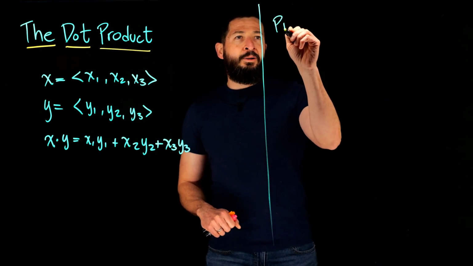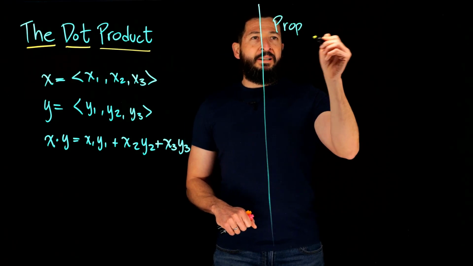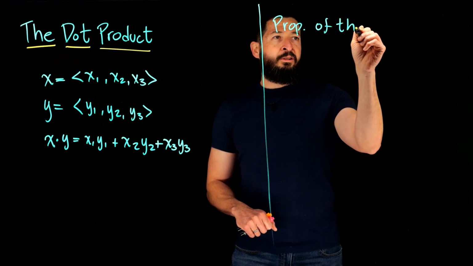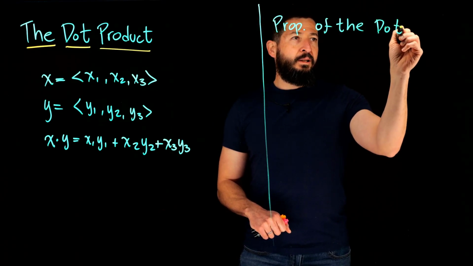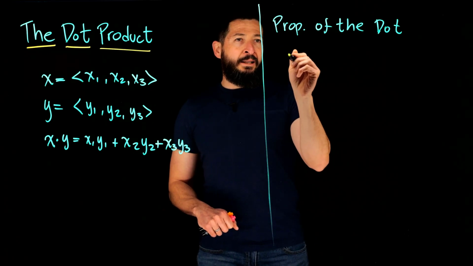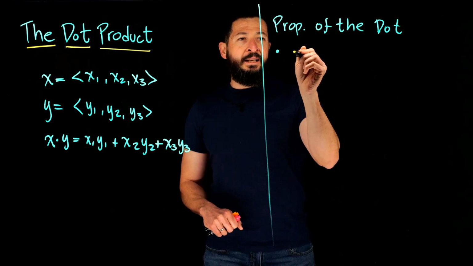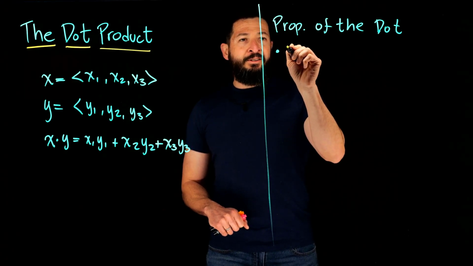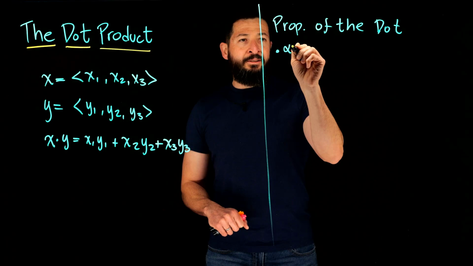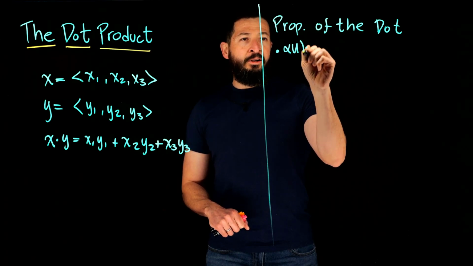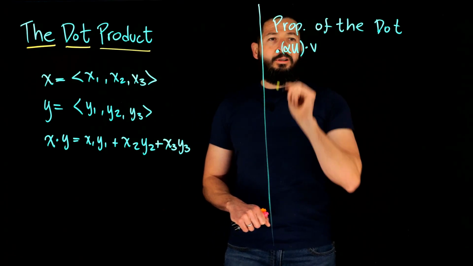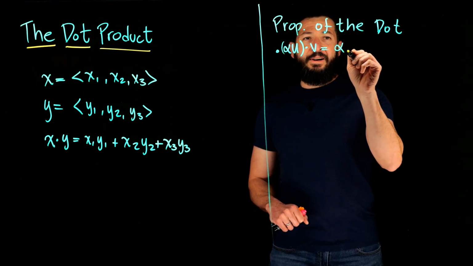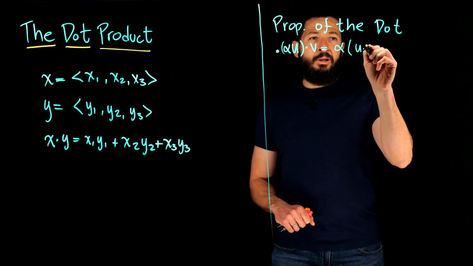So firstly, let's talk about what algebraic type of properties we're going to have. So properties of the dot product. Well, firstly, it is bilinear, what is called bilinear, meaning that if you have a constant, I'm going to break it into two steps. So if you have a constant alpha, and you multiply it times a vector, say u, and then you do the dot of that resulting vector with v, what you will get is going to be the same thing as if you had alpha and you multiply it times u dot v.